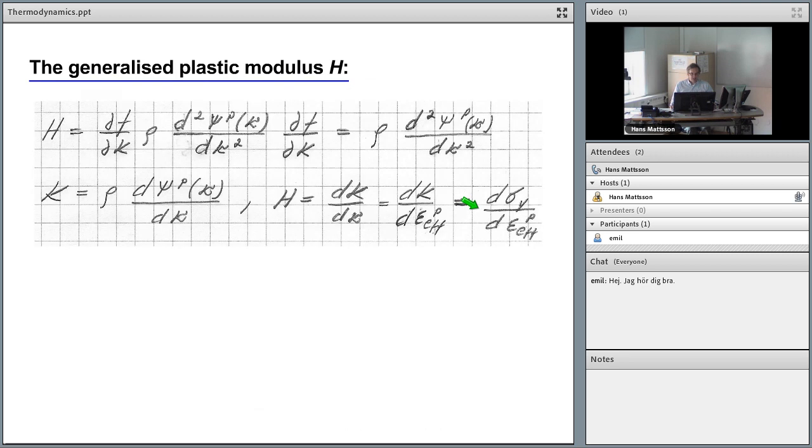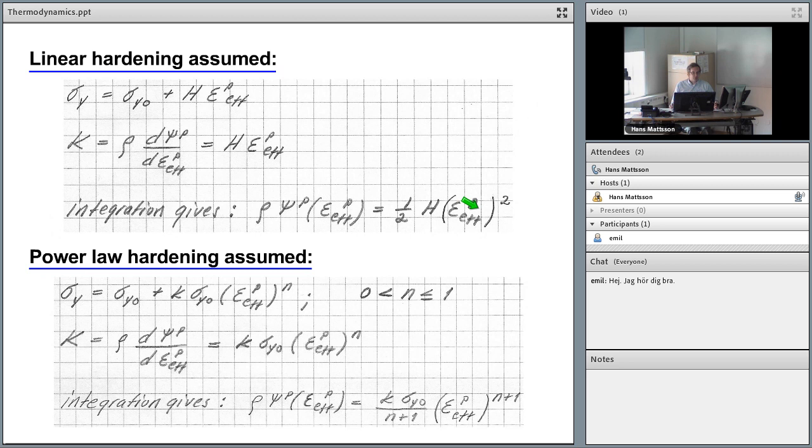And then we can have different types of hardening of this von Mises model. If we, for instance, say that this hardening is linear, then sigma y is equal to sigma y 0 plus some linear hardening, the hardening modulus times the effective plastic strain here.